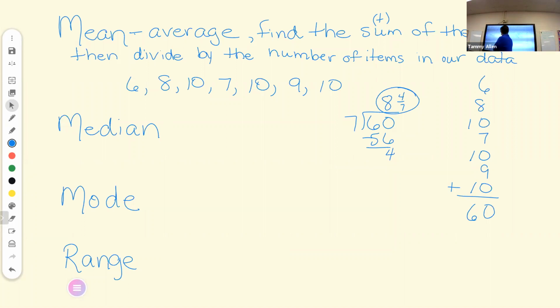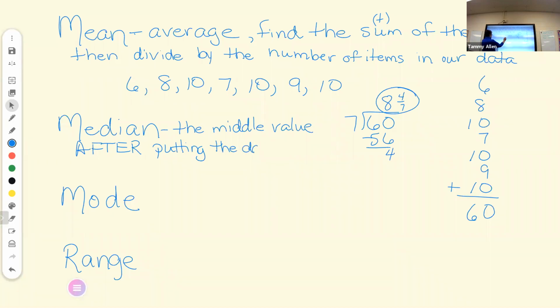Median. The middle value after putting the data in numerical order.